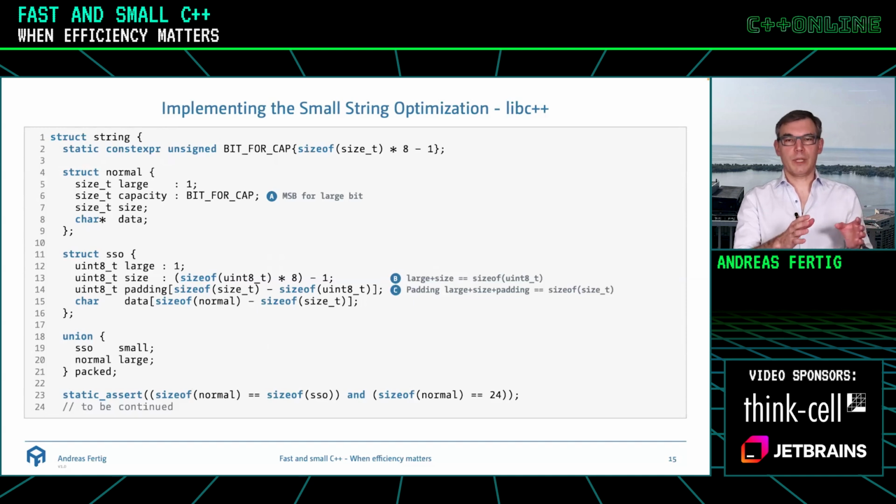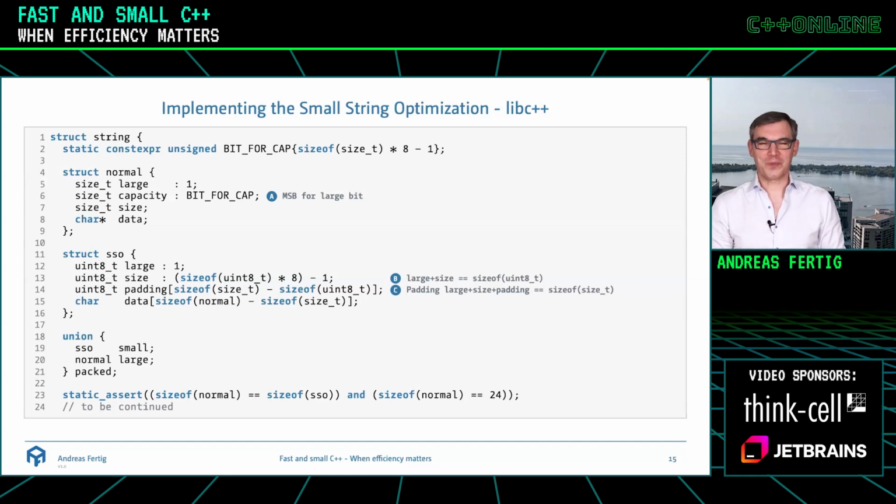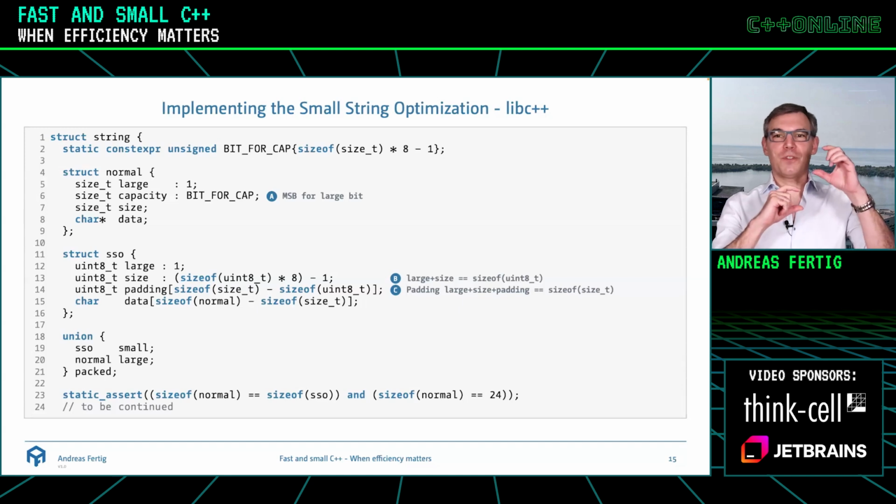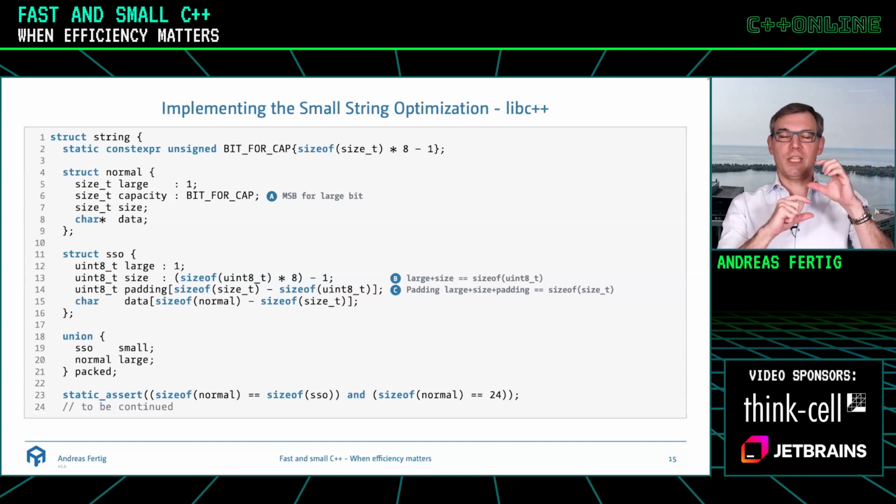So this is the first implementation that I was no longer able to squeeze on one slide, at least not in a way that you can still read the code. Their std::string implementation does the following. They have two different data structures inside their std::string. One is called normal, the other one is called SSO.